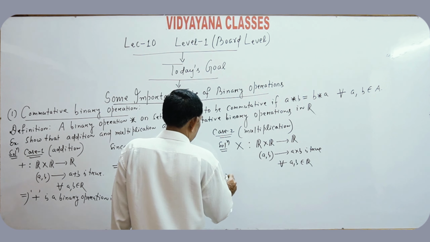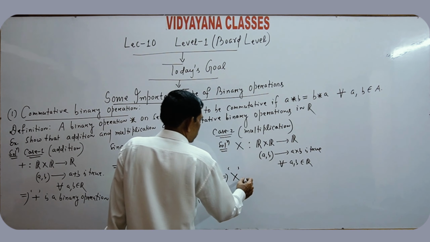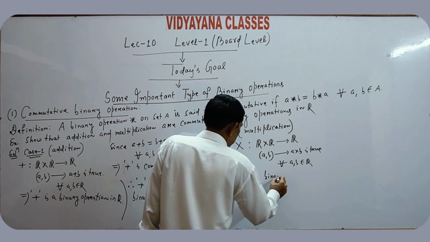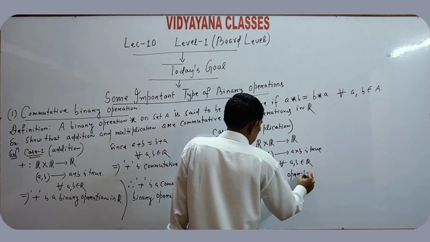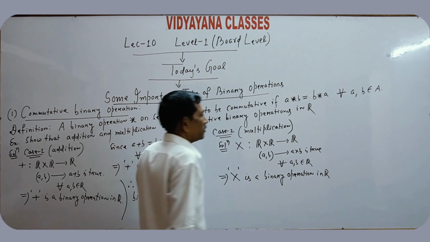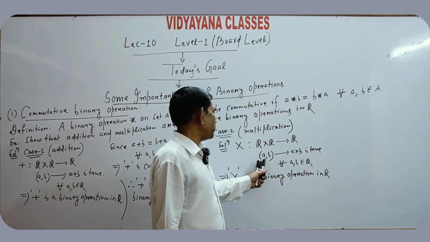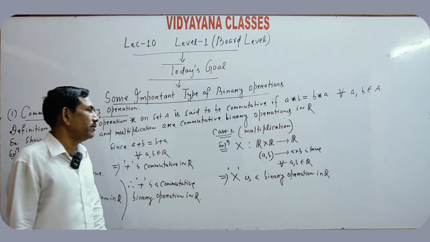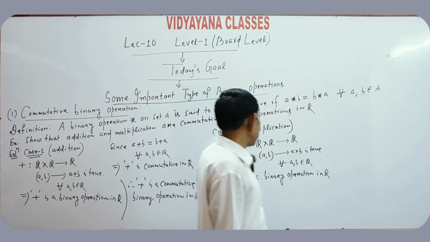This implies multiplication is a binary operation in R, since multiplication operates on AB ordered pair and gives A into B in R. It satisfies the definition of a binary operation.